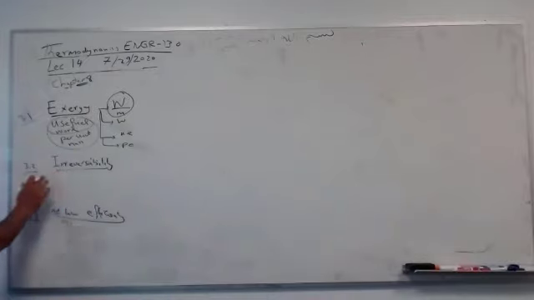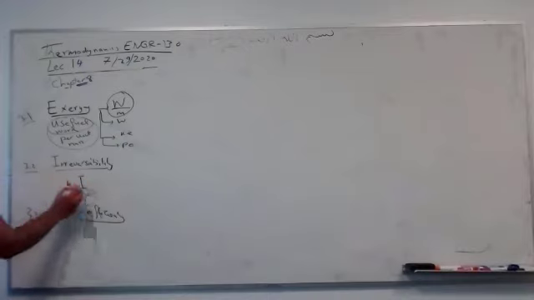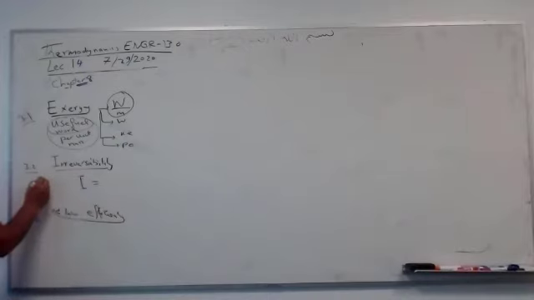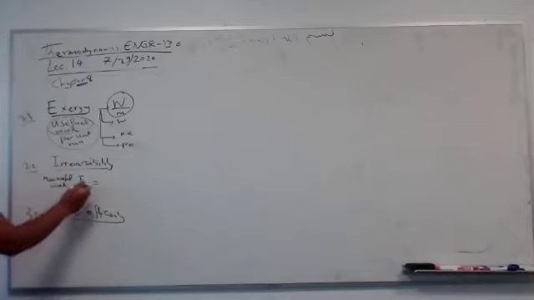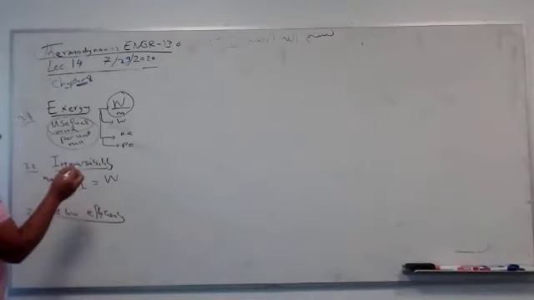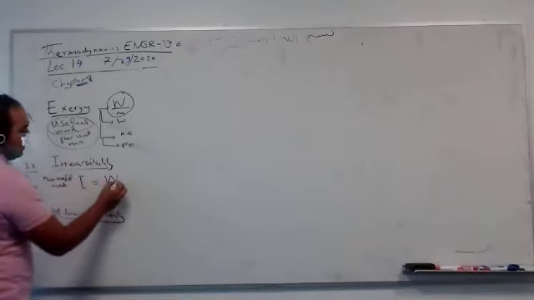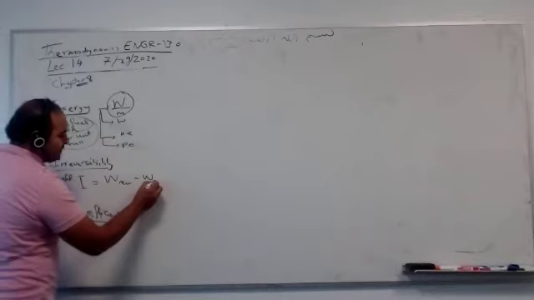Irreversibility, big I, is a measurement of non-useful work. Exactly the opposite of this. For example, if you talk about irreversibility of a compressor, it is W reversible minus W actual.